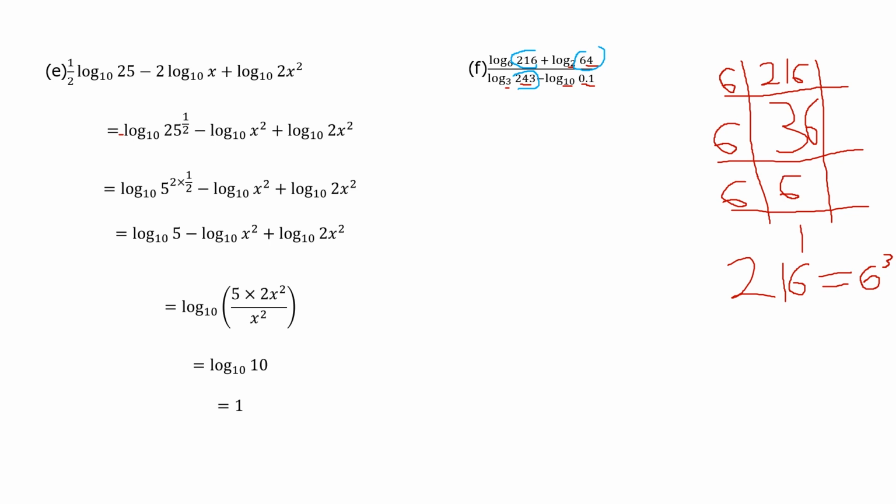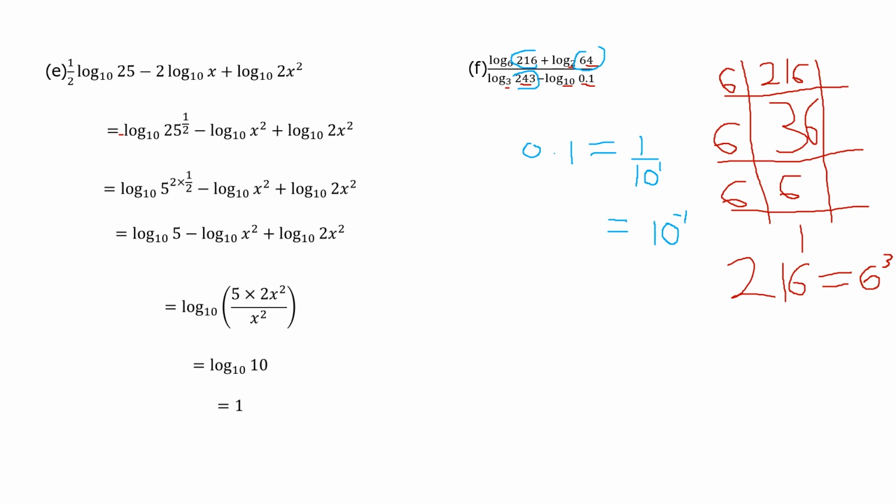Then as for the 0.1, this one's just the same as 1 divided by 10, but remember in index form this 10 in the denominator is power 1, so we shall rewrite the 0.1 as 10 power negative 1.